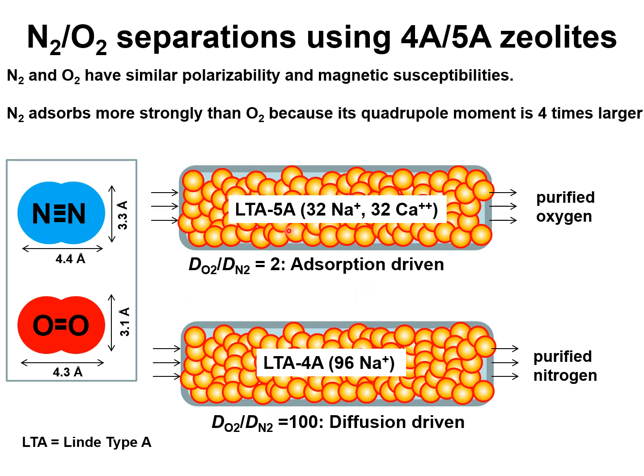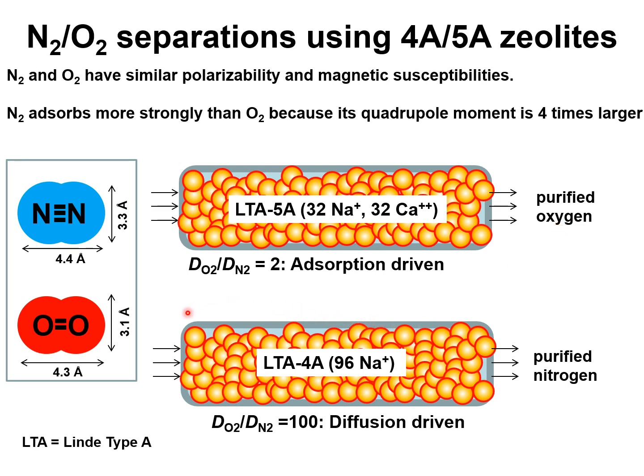The separation is governed by differences in adsorption strengths, and since nitrogen is more strongly adsorbed, the gas mixture exiting the fixed bed in the early stages of transient operation is purified oxygen that is more poorly adsorbed within the pores of 5A zeolite.